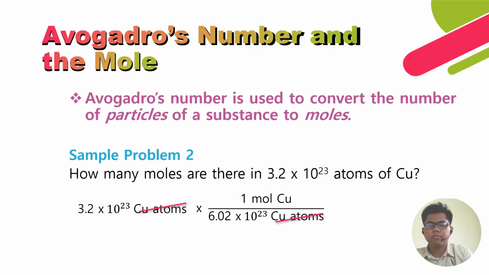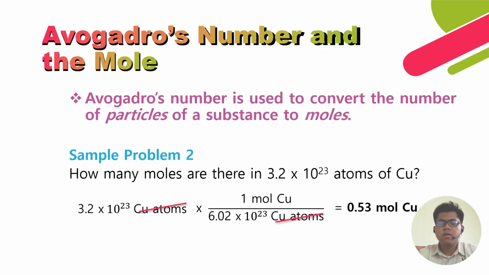Okay, very good. We have 0.53 moles of copper. So, diba? It's really easy to solve these problems. Because, after all, nagko-convert lang po tayo from particles to moles and moles to particles. Okay?